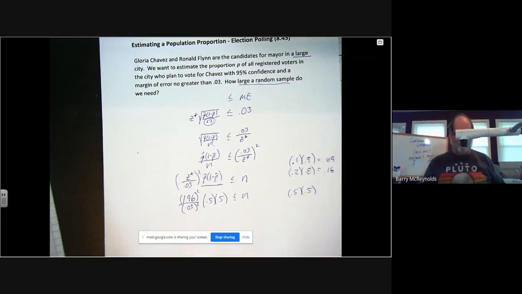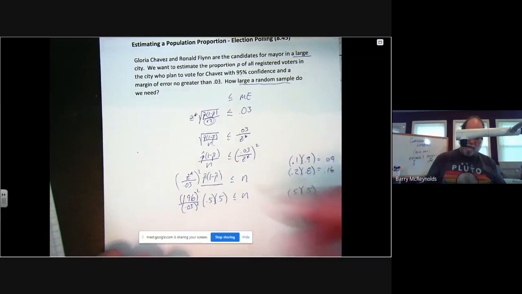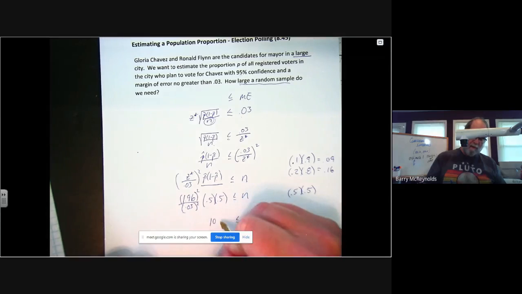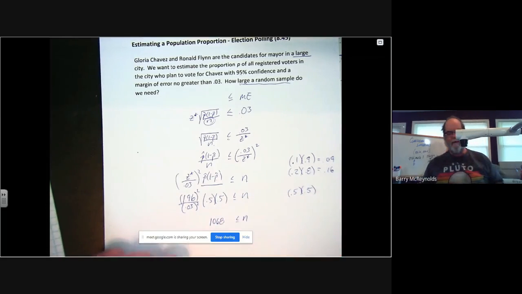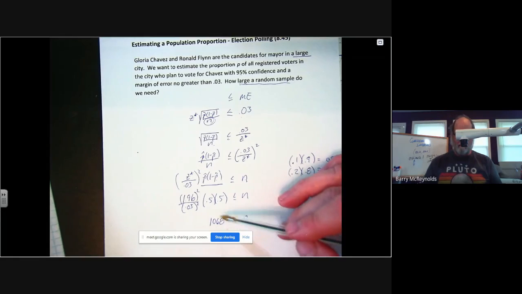When you do all of that arithmetic, I think you end up with N has to be greater than or equal to, I think it's 1,067 something. So we're always going to round up to the next whole number.